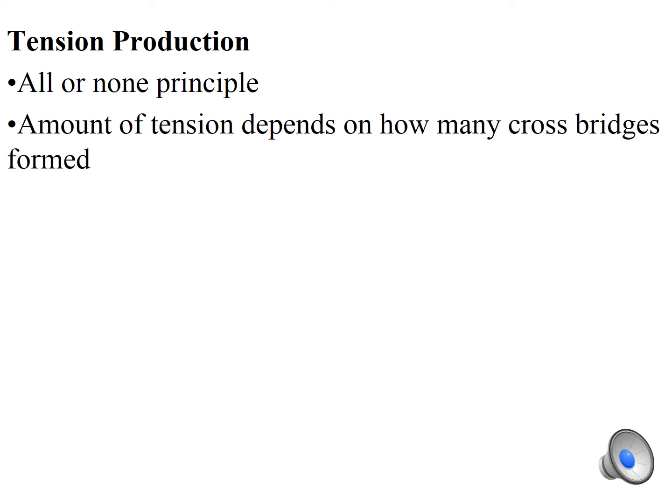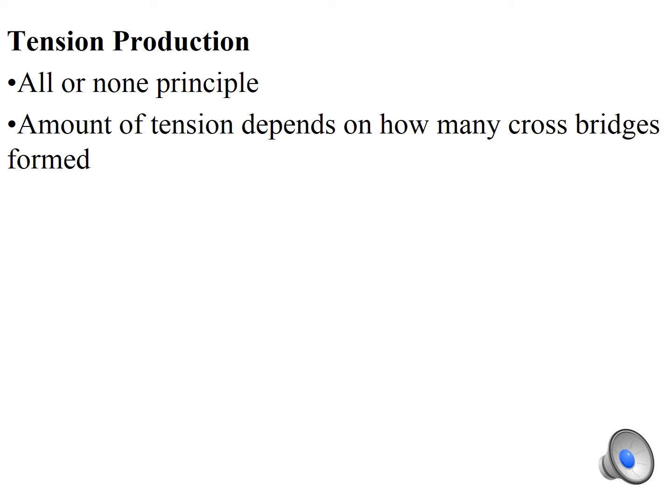Essentially what happens is if a muscle cell contracts, it's going to produce a certain amount of tension, and that's always going to be the same amount of tension. So for one particular muscle cell, it's not like it can produce a little tension or a lot of tension. If it contracts, it will always produce the same amount of tension.